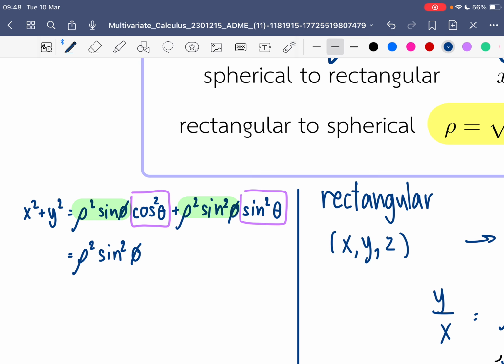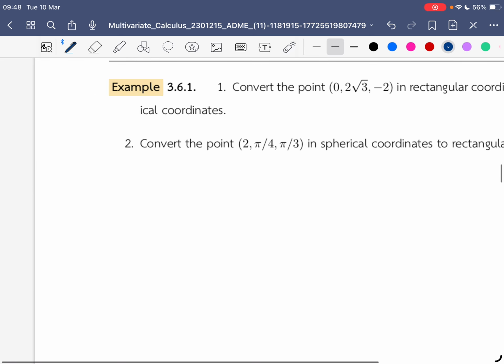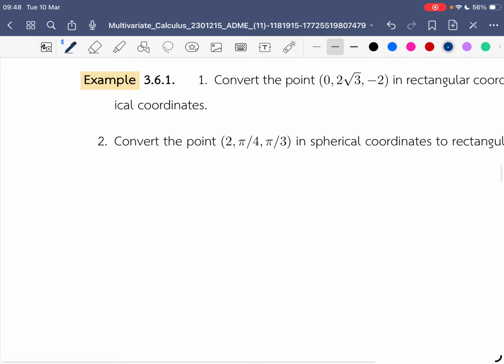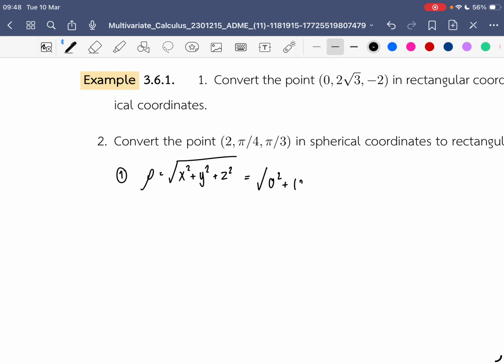The rho is square root x squared plus y squared plus z squared. So square root 0 squared plus 2 square root 3 squared plus minus 2 squared. 0 plus 12 plus 4. So root 16, which is 4.